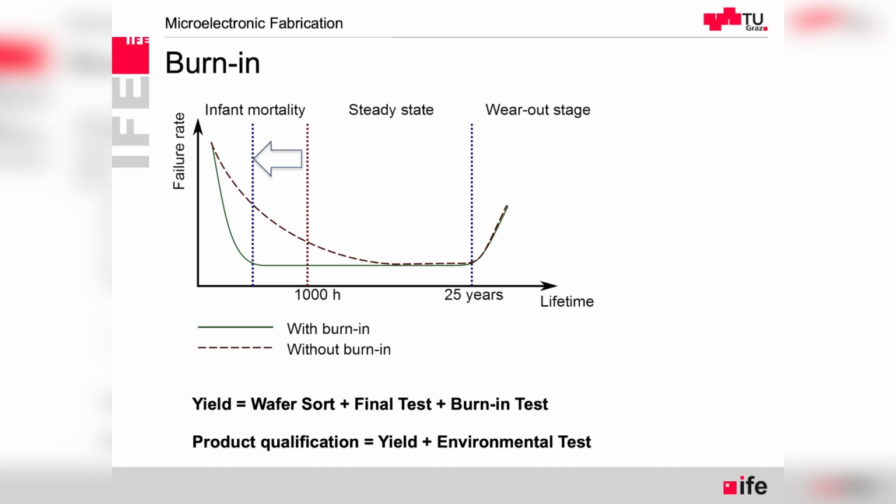But after just a few hours, this weakness is going to degrade quickly, and we have, for example, a short developing in the gate oxide that only develops during operation. And it's enough to operate it for a short time, but at increased temperature, in order to replicate what would happen over several years of operation.